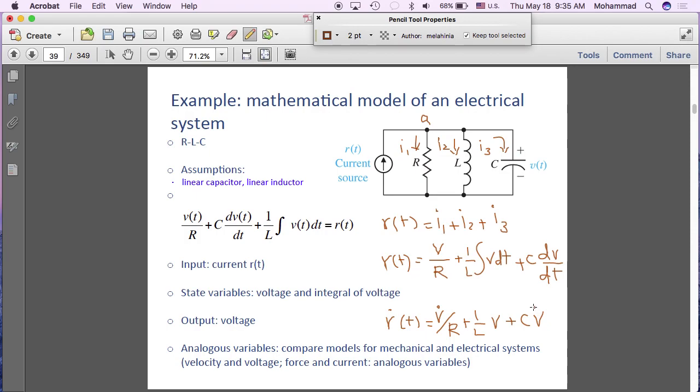It becomes V double dot. Or you can rewrite it as C V double dot plus V dot divided by R plus V over L equals R dot of t.